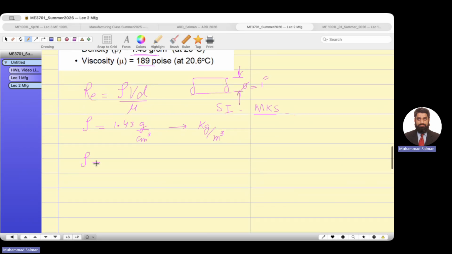What is the rho in kilogram per meter cubed? One student says 14.3. And the unit of viscosity should be Pascal second. 10 poise equals 1 Pascal second.